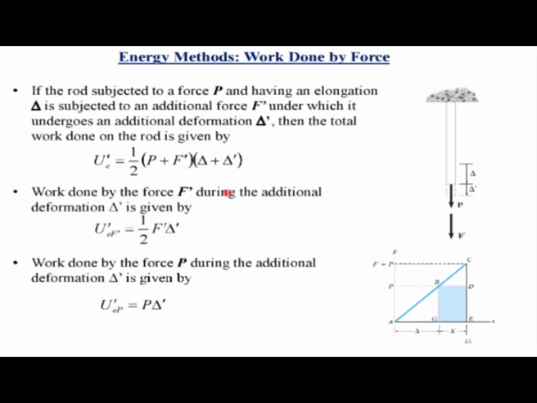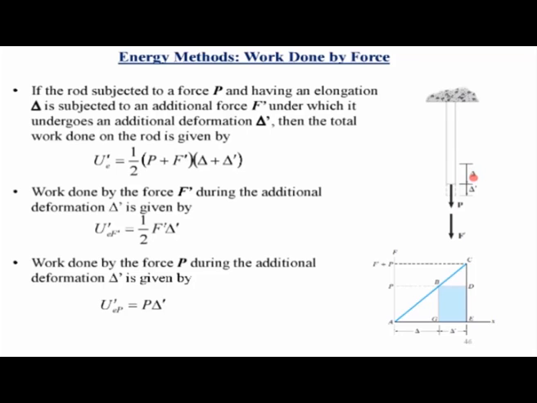Now in order to understand the concept of virtual work, we'll see what happens if we take that same rod on which a load P has been applied to get a deformation delta, and we apply an additional load of F dash, due to which it undergoes an additional amount of deformation delta dash.